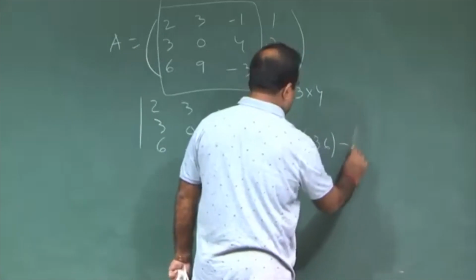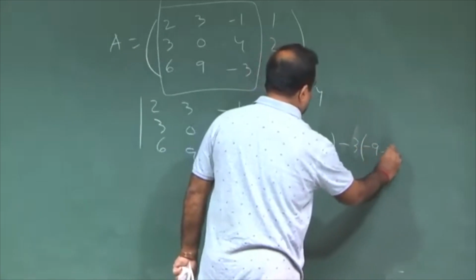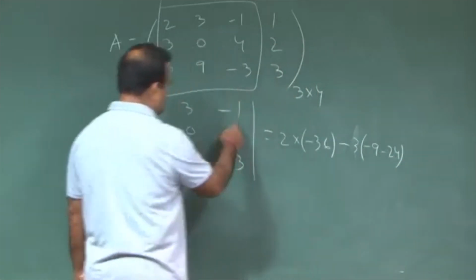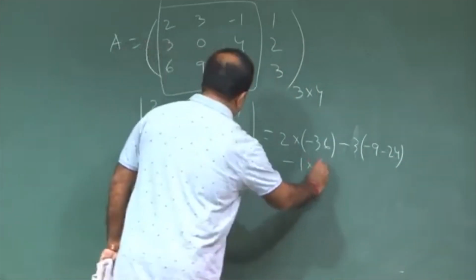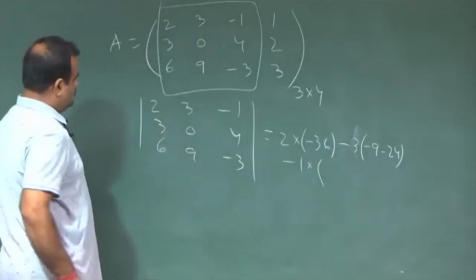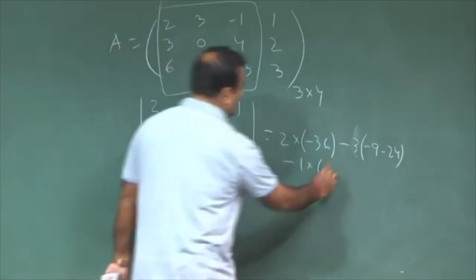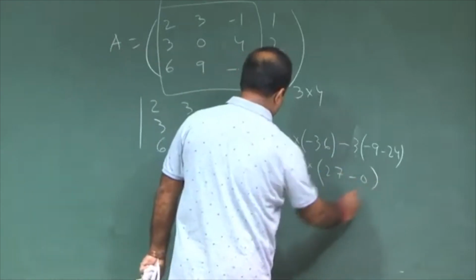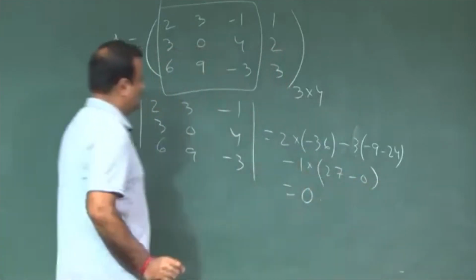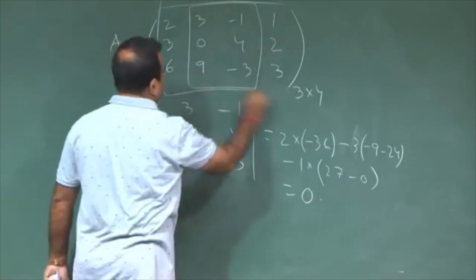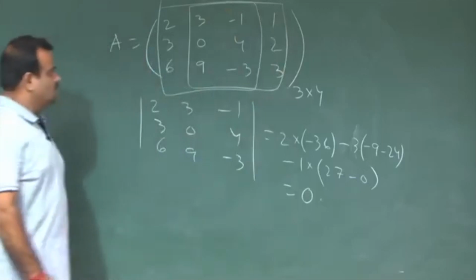So, this is 3 into minus 9, minus 24, then minus 1 into this into this, so 27 minus 0. If we calculate this, we will get 0 over here. Not only this, if you take this minor, you can find this is also 0.